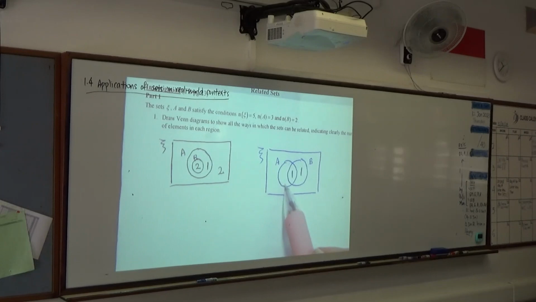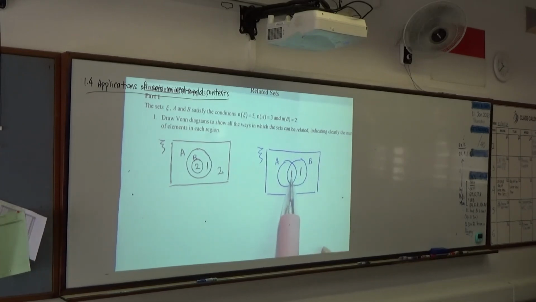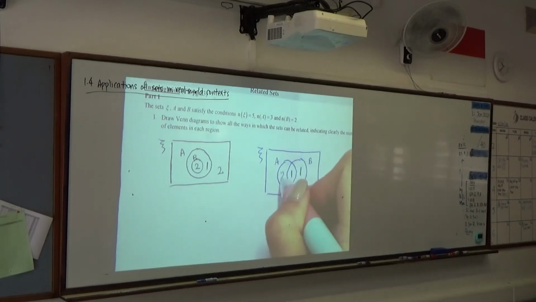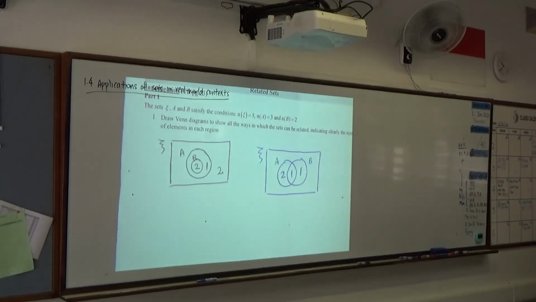Likewise, the number of elements in A total will be 3. Minus away this 1, I will have 2 that is in A but not in B. And the sum of everything now is actually 4. But I should have a universal set size of 5, so I need to have 1 on the outside.